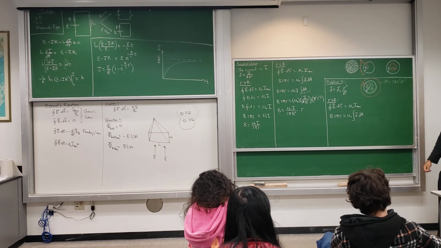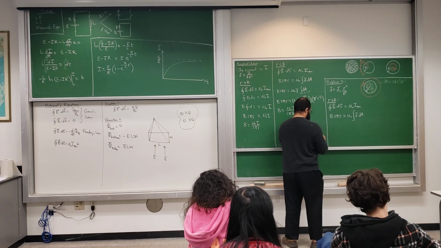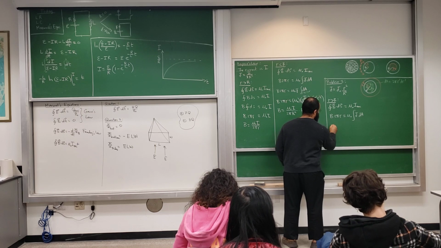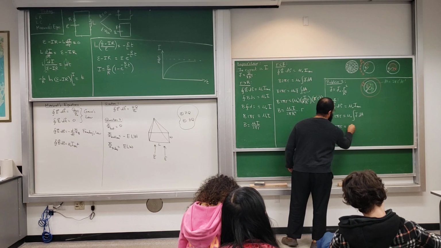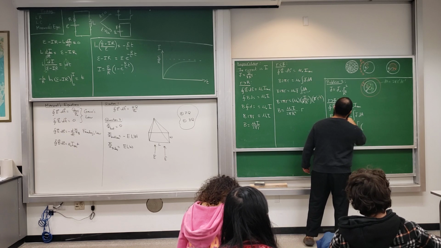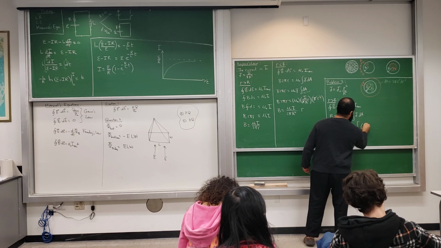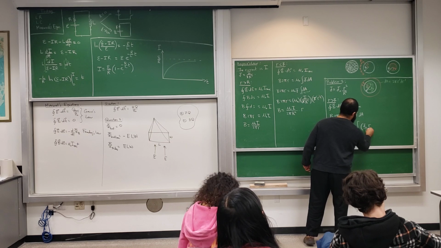Okay, so now we're going to continue. I have B times 2 pi little r equals mu naught times the integral of J, which is J naught r prime squared over R squared.